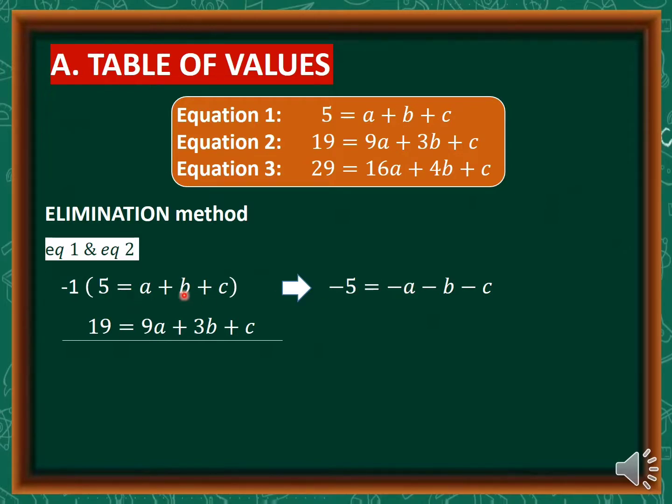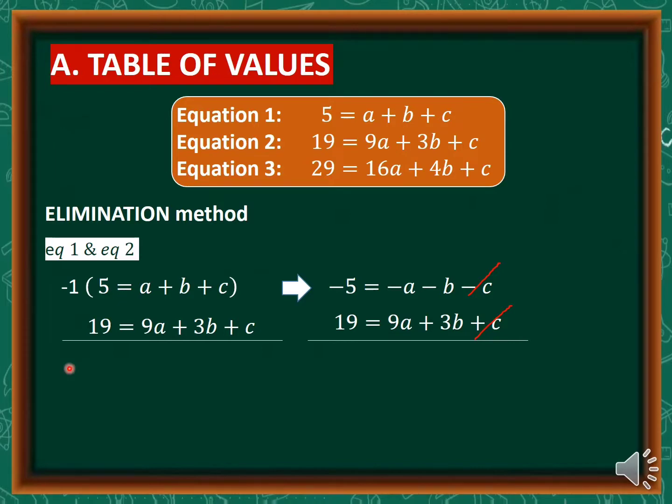Negative 1 times A, negative A. Negative 1 times B, we have negative B. And negative 1 times positive C, we have negative C. So, after that, since ito naman ay wala na tayong kailangan i-multiply sa kanya, we just need to copy. So, 19 equals 9A plus 3B plus C. Then, kitang-kita natin na makakancel natin yung negative C at saka si positive C, kasi negative C plus positive C is equal to 0C. So 0 na siya, we don't need to put it.